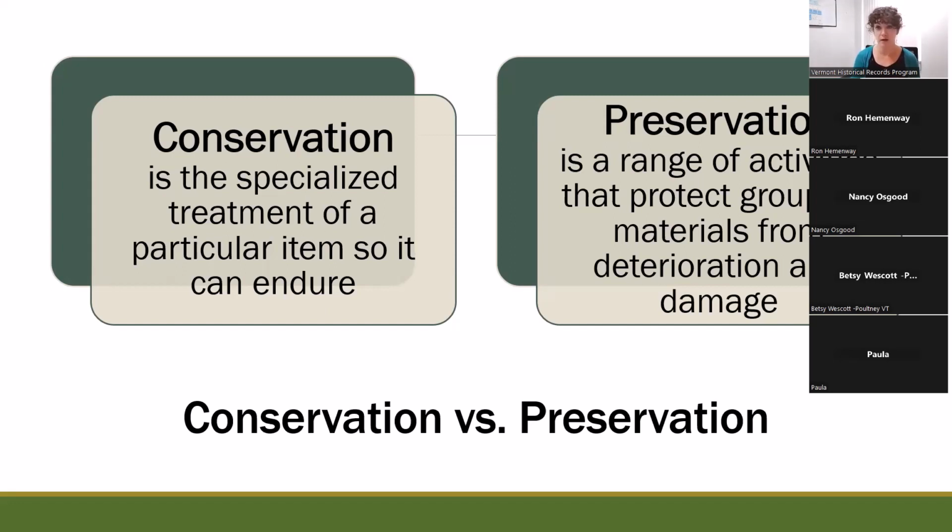That means setting up a stable storage environment, having security policies in place, implementing safe handling practices, planning for disasters, housing things in boxes. All of that is general protection, preservation of your materials. Conservation is that specialized treatment of one particular item.